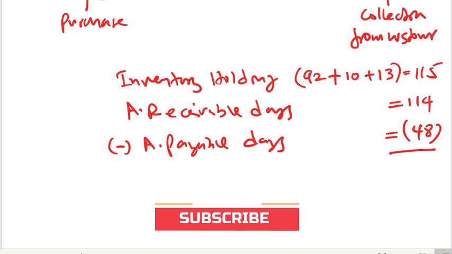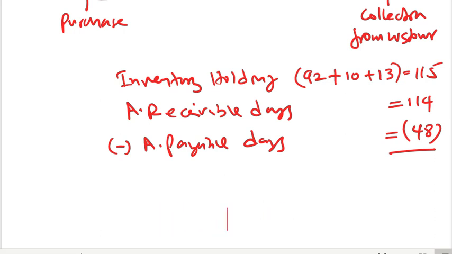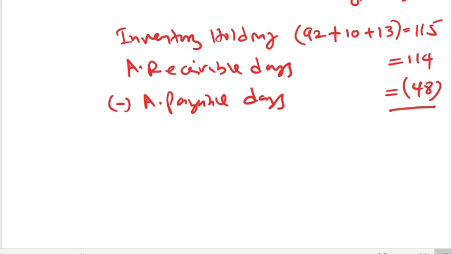So if you deduct 48 days from inventory holding and accounts receivable days, that will be 181 days. So this will be the cash operating cycle in days.